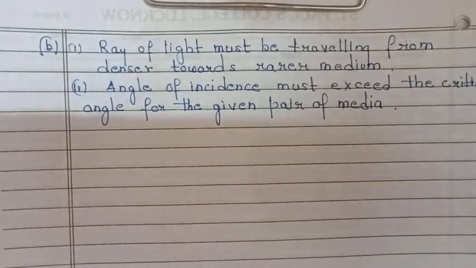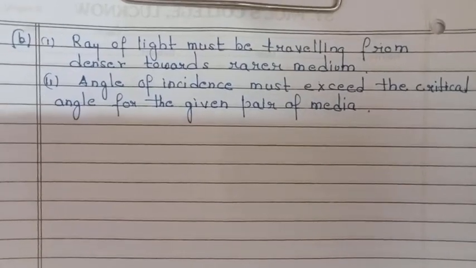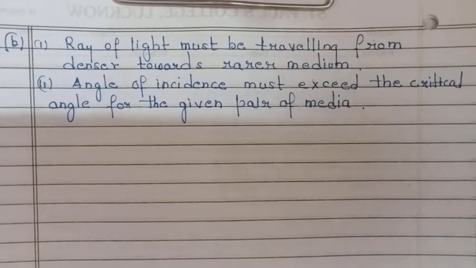So these are the two conditions which must be fulfilled for total internal reflection to take place. This is clear to you?